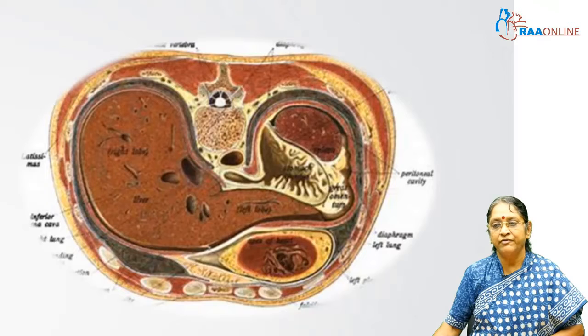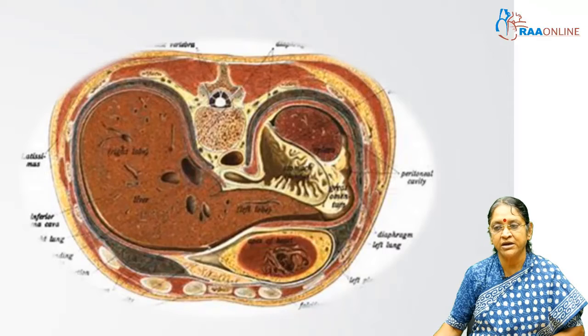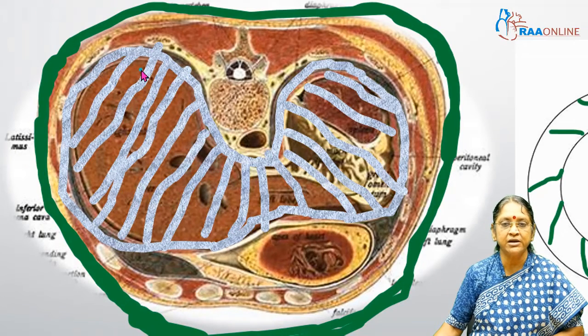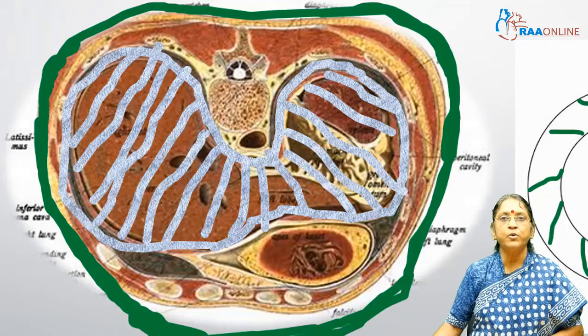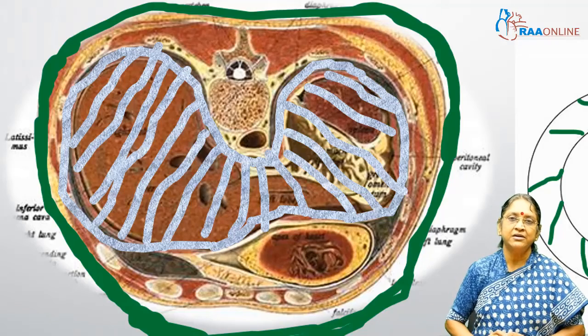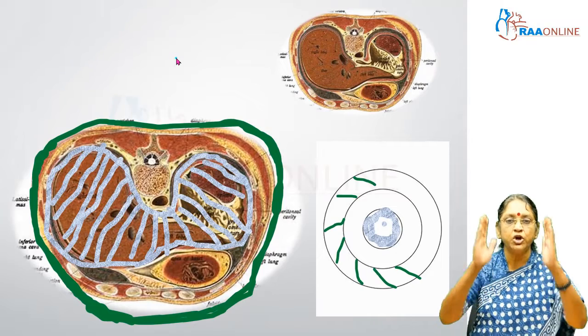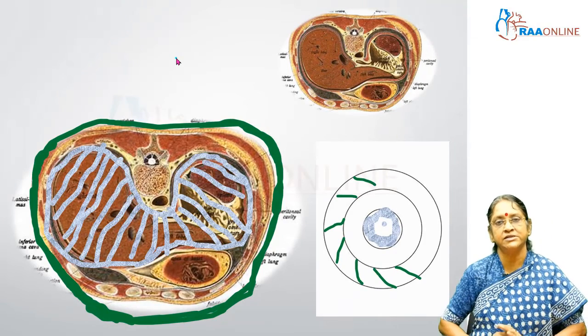So, if we go back here, let's say this is the inner tube and this green shaded area is the outer tube. Now, between these tubes is yet another zone. Between the green line and the silver line is another zone where you have other structures of the body. So, basically, the body can be described to be three concentric cylinders.